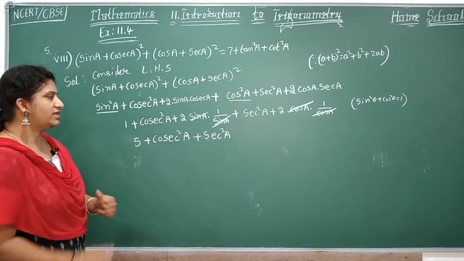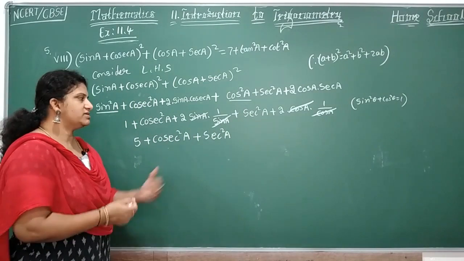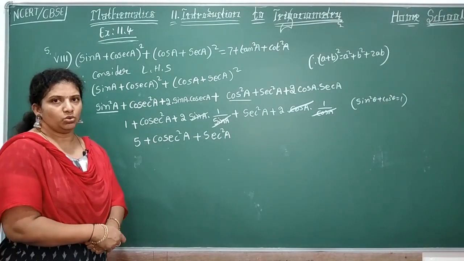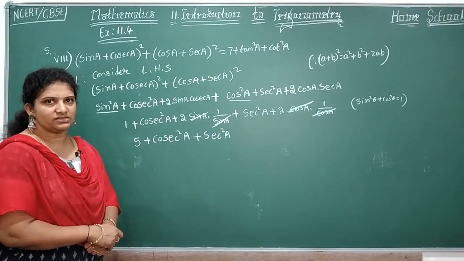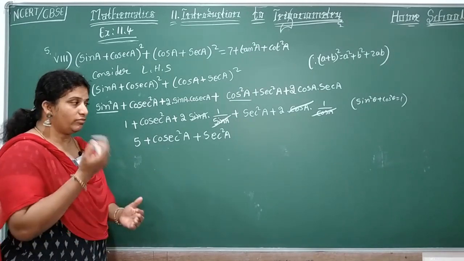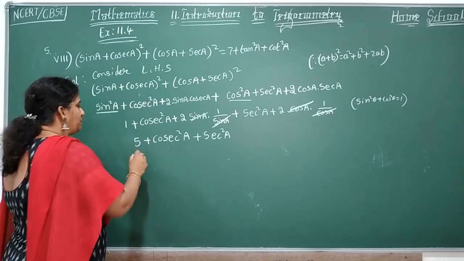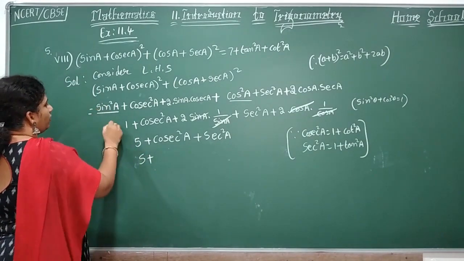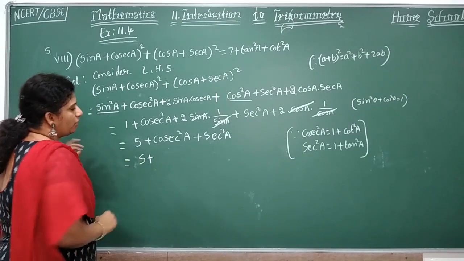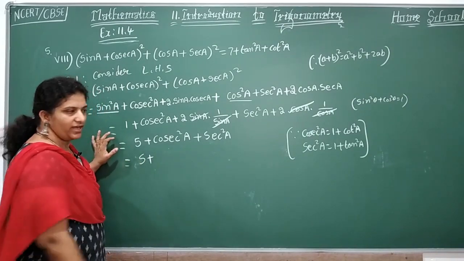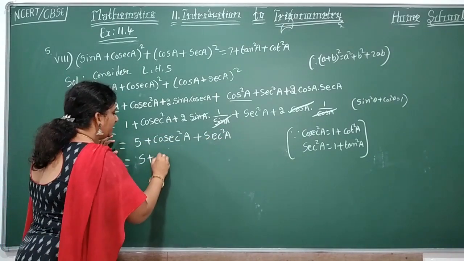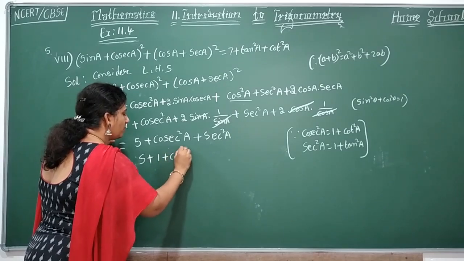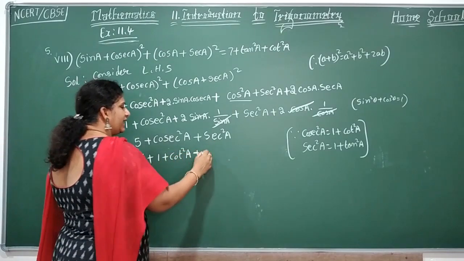Check your answer there. Is this the same answer? No. Then how to write this? Yes, don't worry. You remember some more identities here. It is 5 plus, if you want, you can write equal to also. Okay, what is cosecant square A? By the identity, it is 1 plus cot square A. What is secant square A?